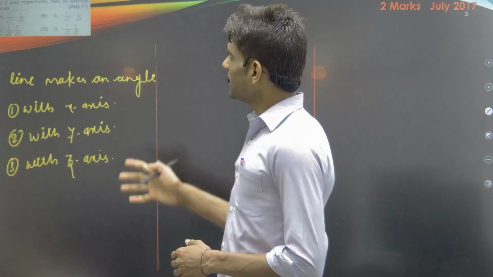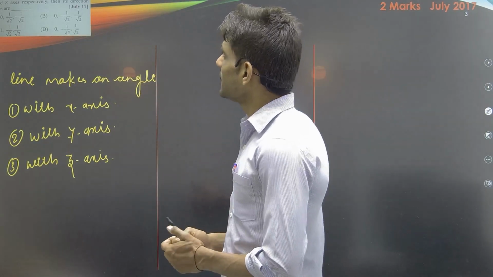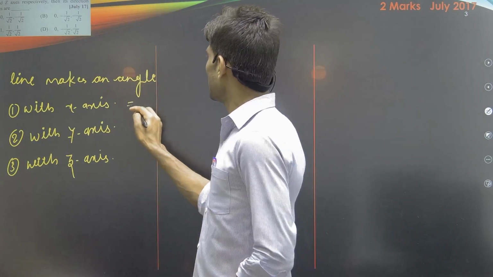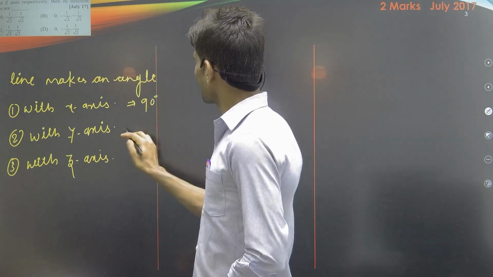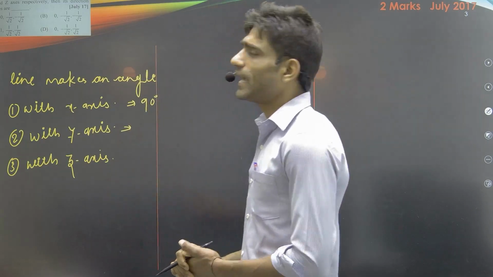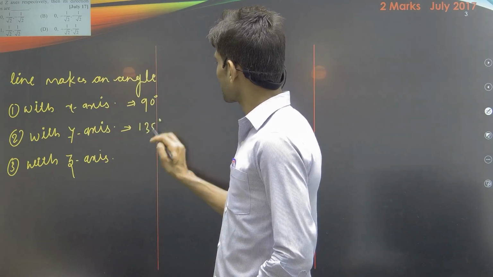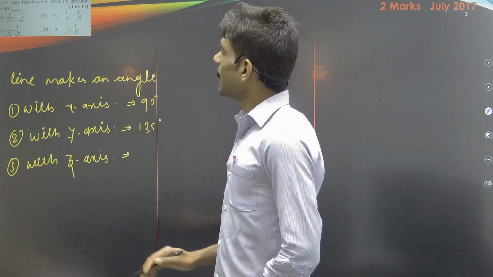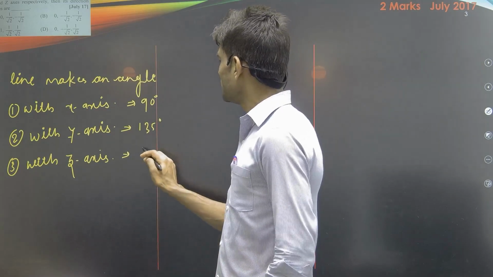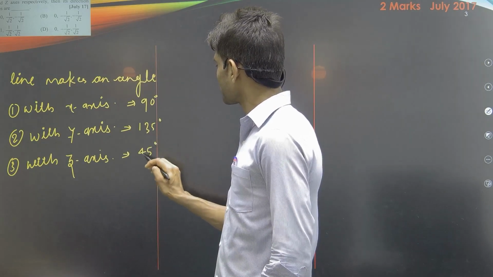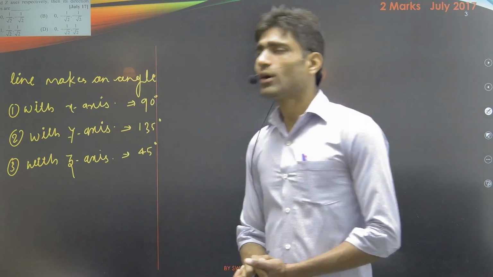The line makes an angle of 90 degree with the x-axis, 135 degree with the y-axis, and 45 degree with the z-axis. So we have three angles given.